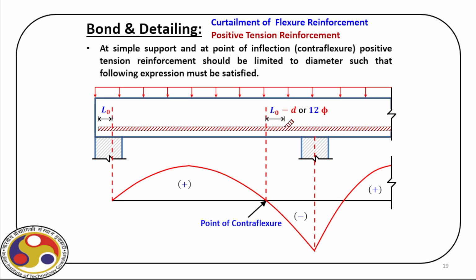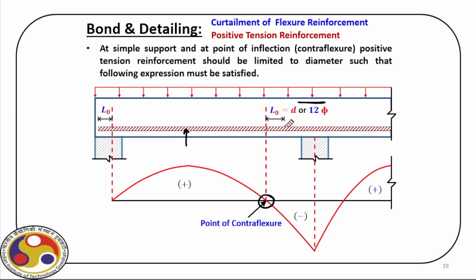Now, at a simple support and at the point of inflection or contraflexure, positive tension reinforcement should be limited to a diameter such that the following expression is satisfied. You can see here at this point, the tensile face actually changes. At the middle, the bottom side is under tension. At the support, the top face is under tension because of the hogging moment. Then the amount of steel provided at the middle, we can actually reduce.